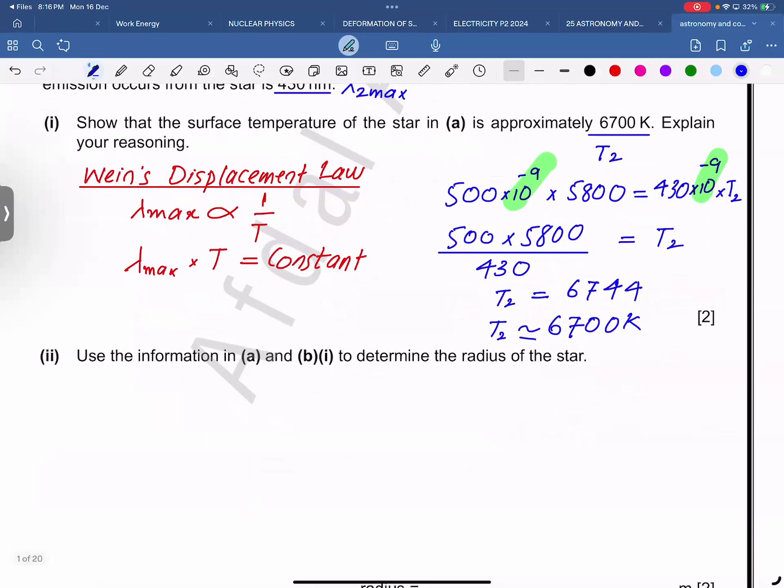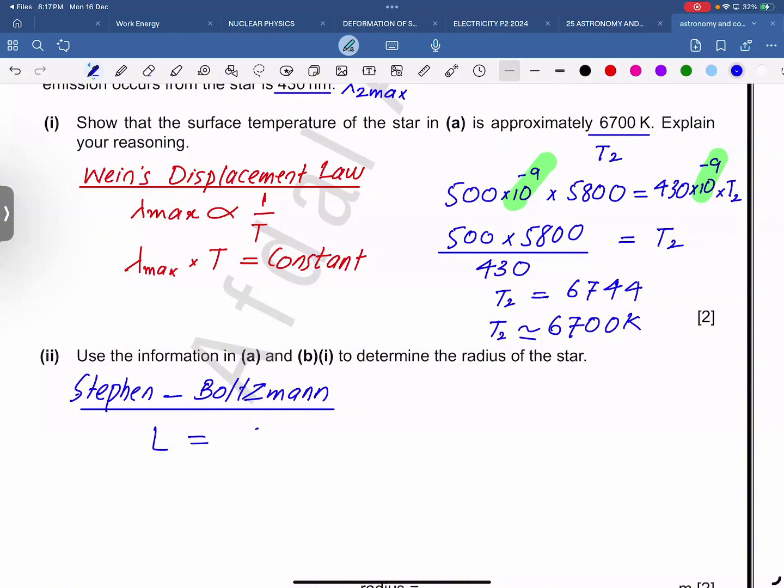Use the information to determine the radius of the star. Now look, for the radius of a star, we have only one equation, which is Stefan-Boltzmann's law. Stefan-Boltzmann's law says that the luminosity of a star is 4 pi r square sigma T^4.